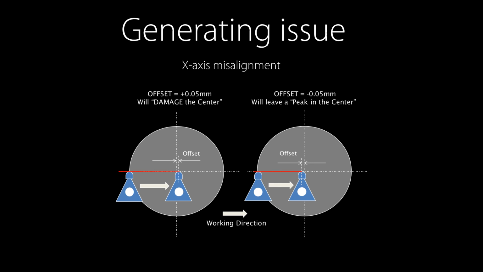If the tool goes beyond the center, it's like it goes twice in the same area. So the tool damages the center by removing too much material. On the contrary, if the tool does not reach the center, then it will leave a peak at the center because it doesn't remove enough material there.